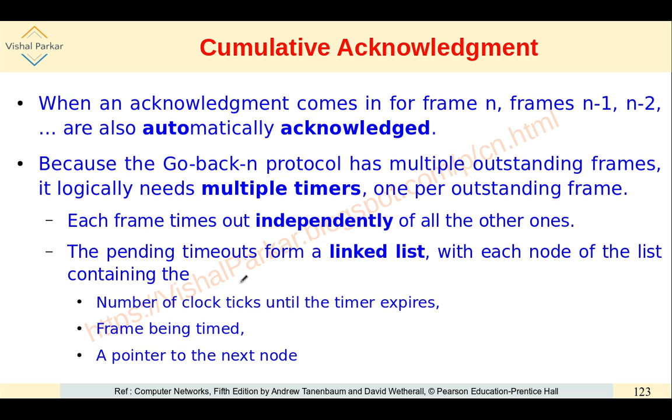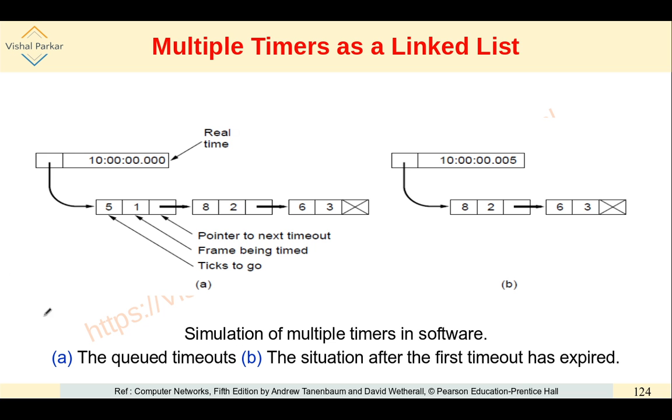And the pending timeouts form what is called a linked list, with each node containing the following values. The first is the number of clock ticks until the timer expires, the second is the sequence number of the frame for which the timer is started, and the third is the pointer to the next node, as can be seen in this diagram, where the real time is shown in milliseconds.